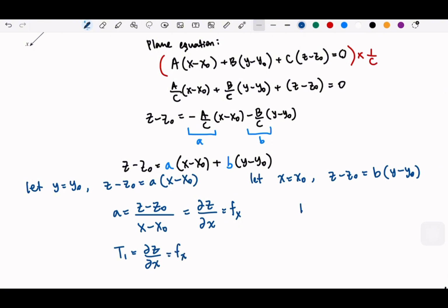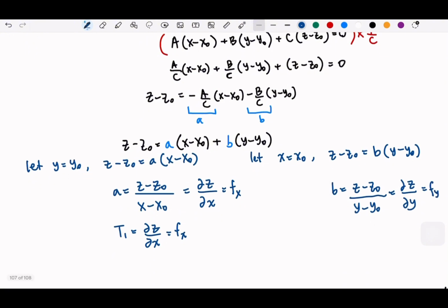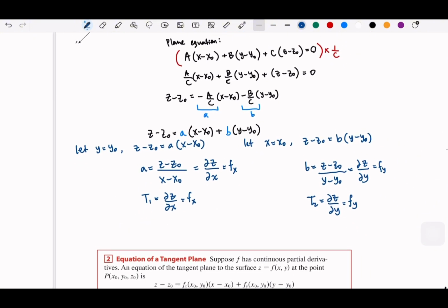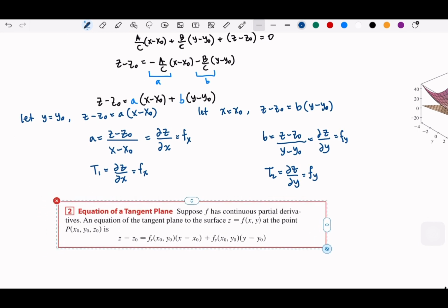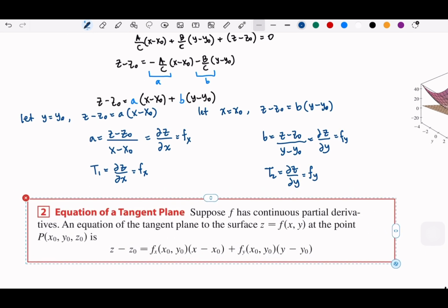Same thing here with B. You have partial z partial y, which is the partial with respect to y. So this will be T2. And then this is our conclusion for our tangent plane.